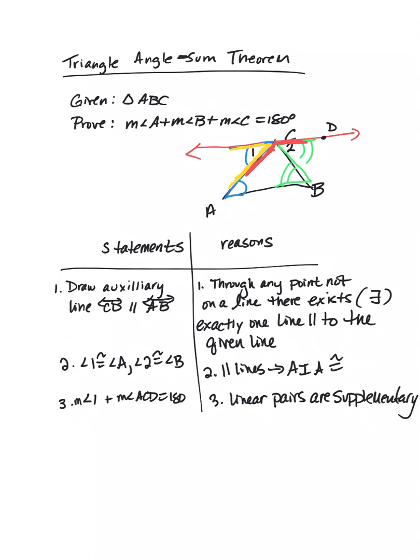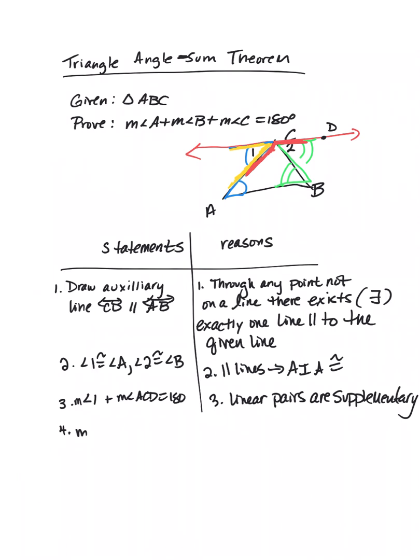Okay, well, the next thing that we can say is that angle ACD, if you think about it, right? Angle ACD is equal to the measure of angle 2 plus the measure of angle ACB.